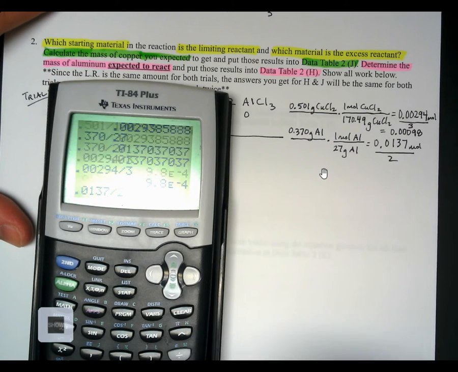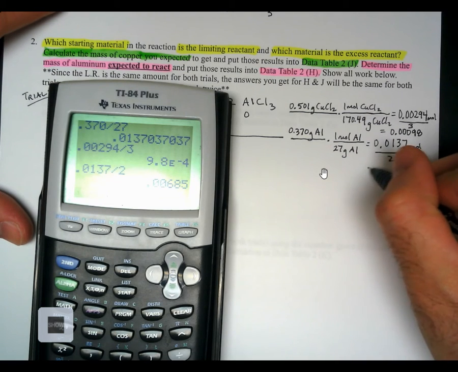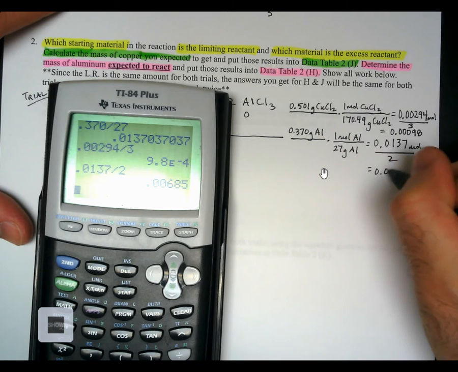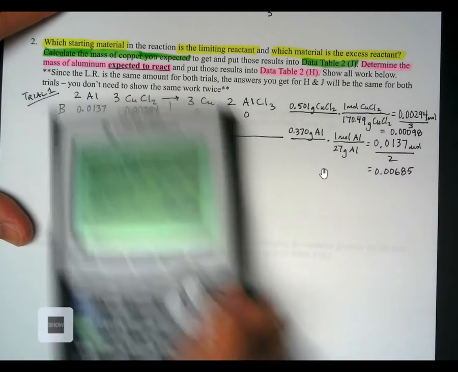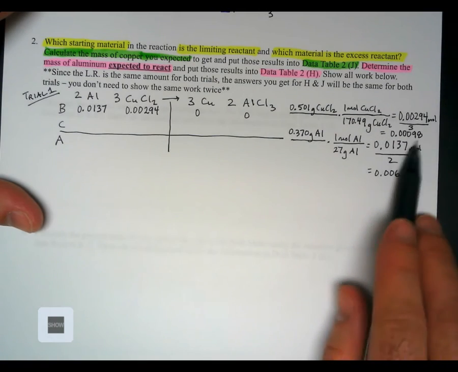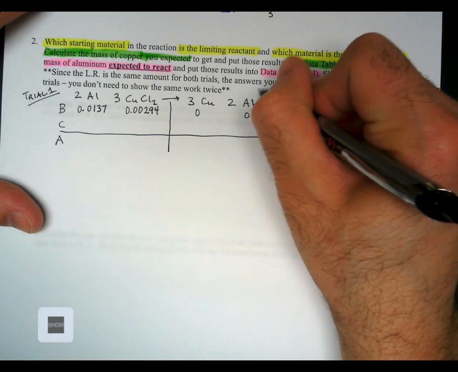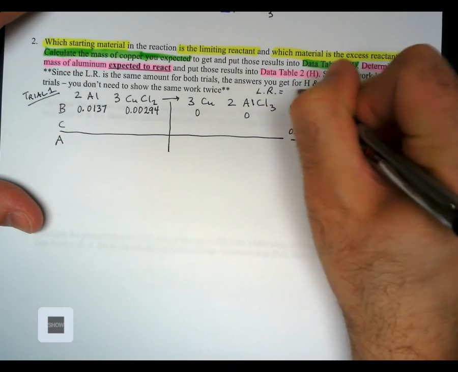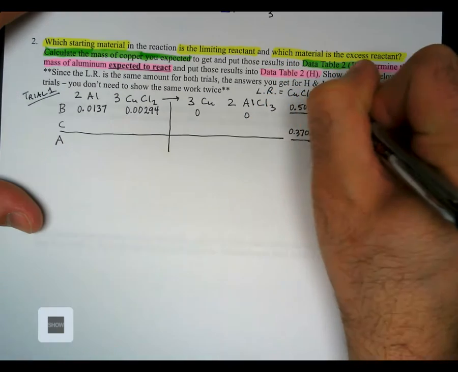And again, if I move too fast or you need me to check something, let me know, please. Okay. So we get those 2 numbers. So even though everybody has different numbers, we should get the same result in terms of the limiting reactant. What's our limiting reactant? Good. This was our smaller number. So our limiting reactant, CuCl2, right?